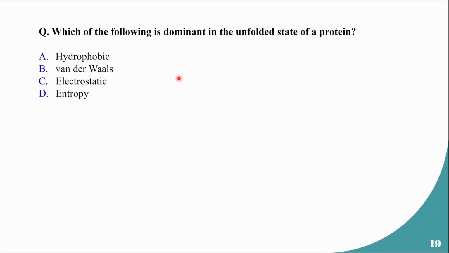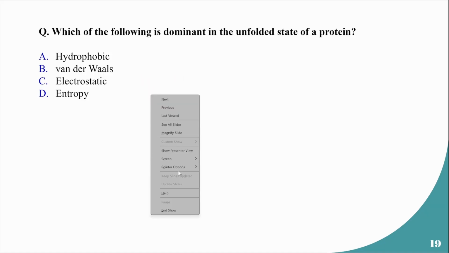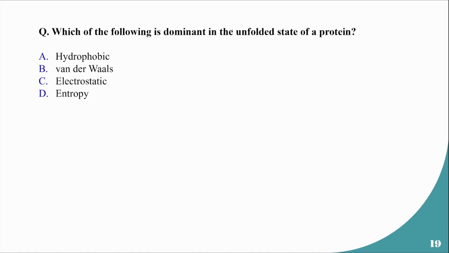Can you calculate those energy changes, and so on? In this case, the question is asking a more basic form of that: what sort of forces drive the folding of protein? We just discussed it in the earlier classes, and in the earlier slides I also talked about it.